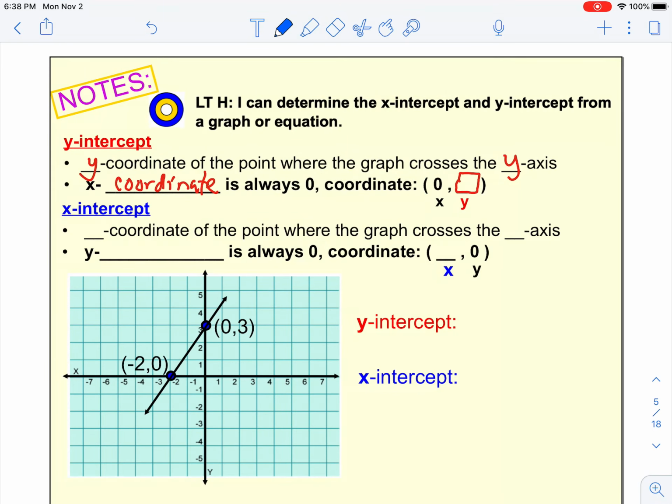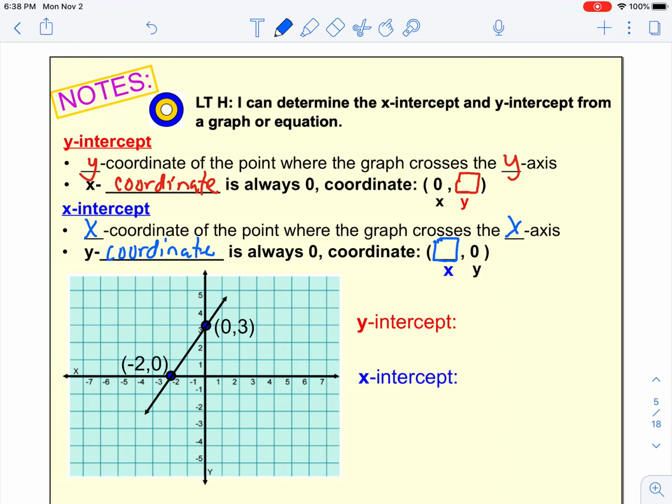The x-intercept, on the other hand, is the x-coordinate of the point where the graph crosses the x-axis. And in the x-intercept, the y-coordinate is always 0. And so it's always going to be an ordered pair x, 0.